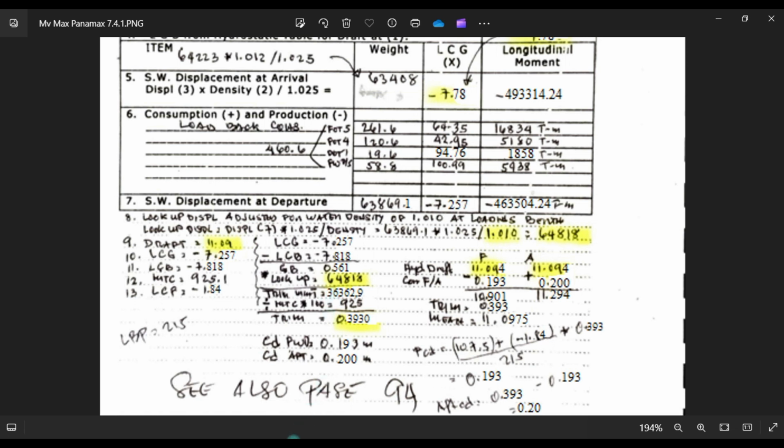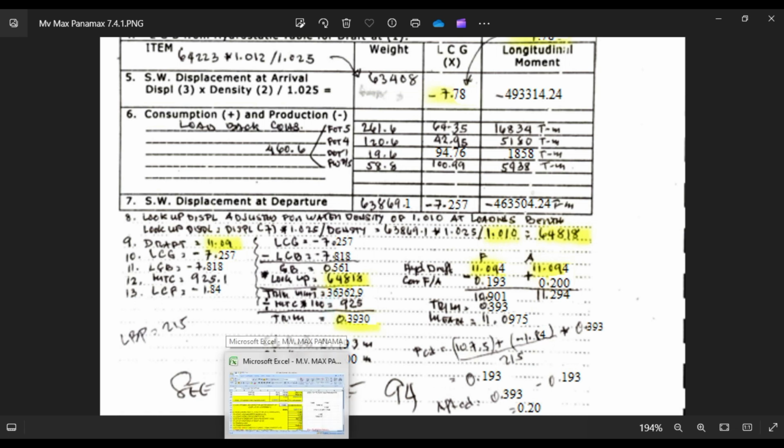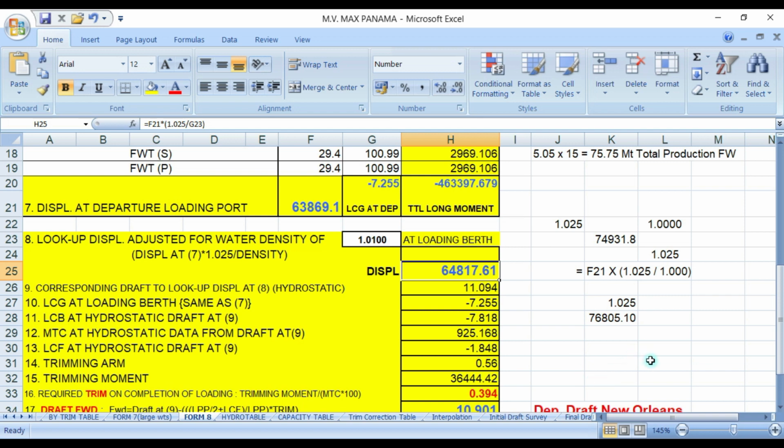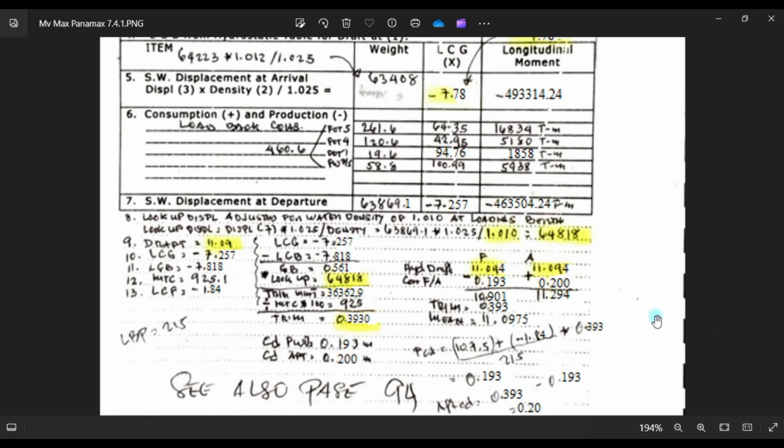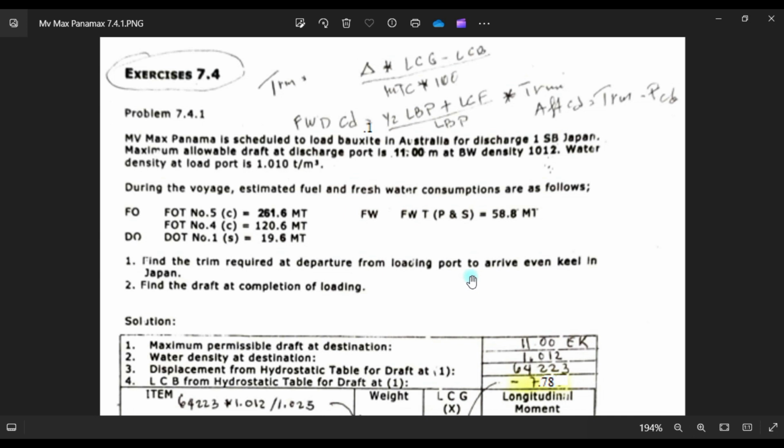We have a trimming moment here. Check. No, we don't have a trimming moment, but this is the formula that we are using now. So we take the trimming moment and then divide it by the MTC times 100.